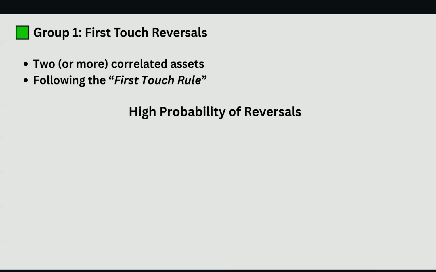You know, the more the line gets visited, the weaker it becomes. And the first touch scenarios have been useful for finding A+ reversal setups, especially when confirmed by a correlated instrument simultaneously.